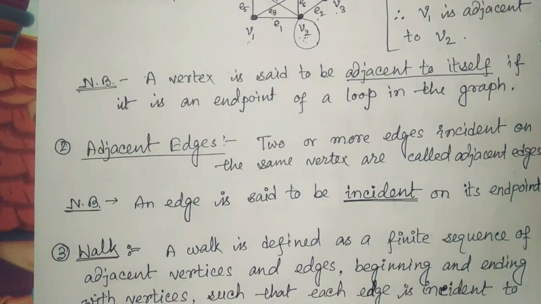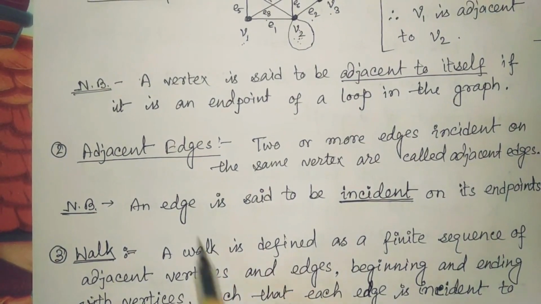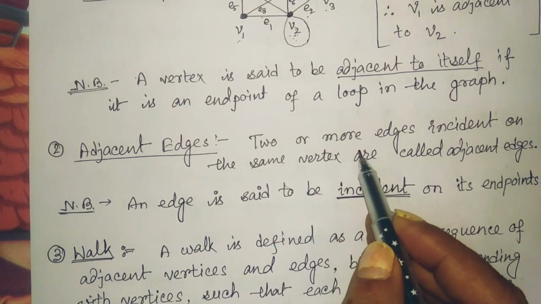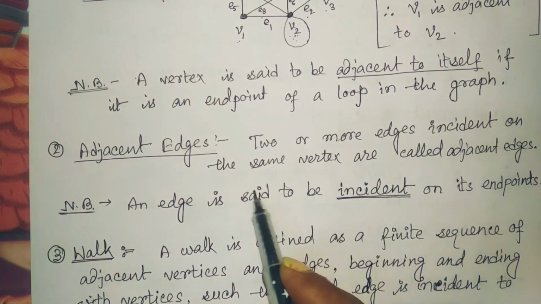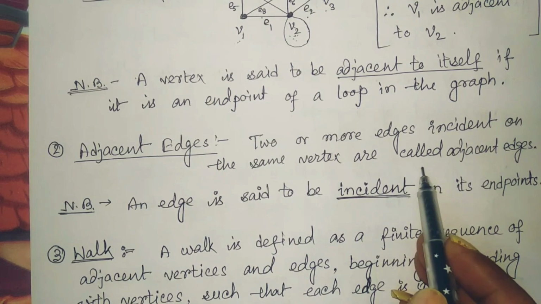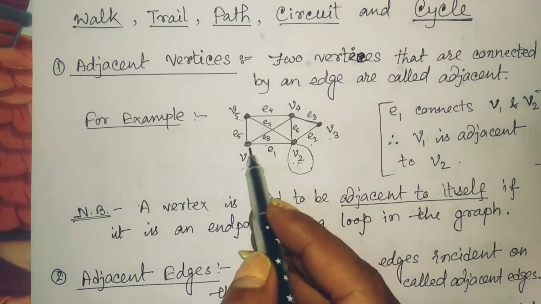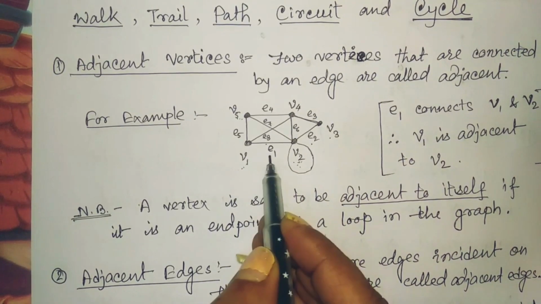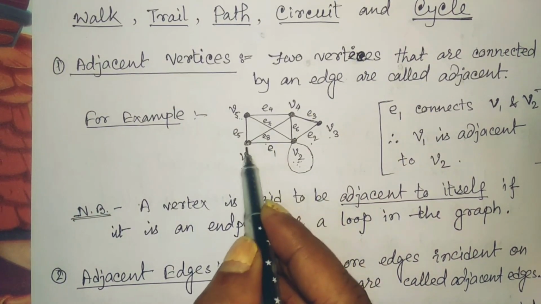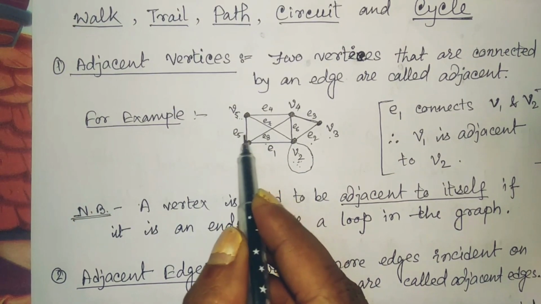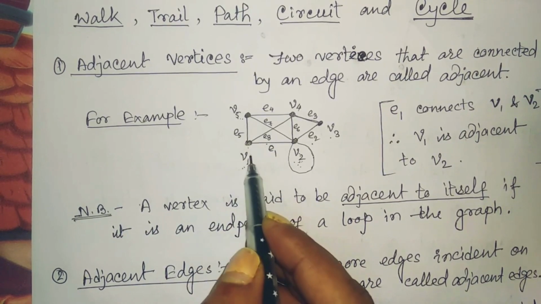Now, adjacent edges. Two or more edges incident on the same vertex are called adjacent edges. If we consider the vertex V1, the edges E1, E8 and E5, these three are adjacent edges.